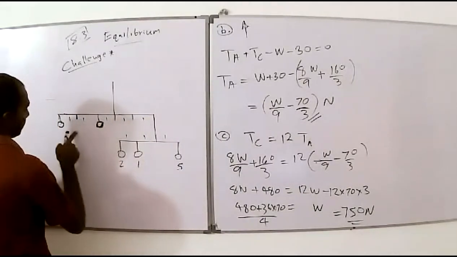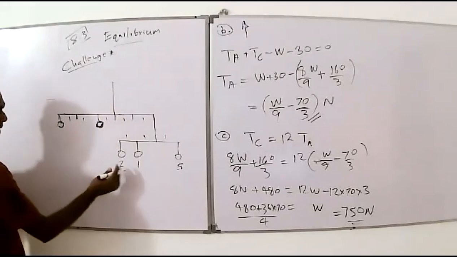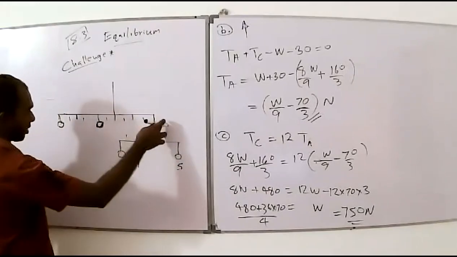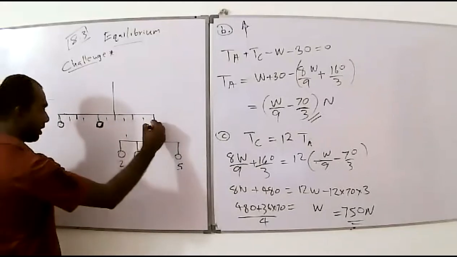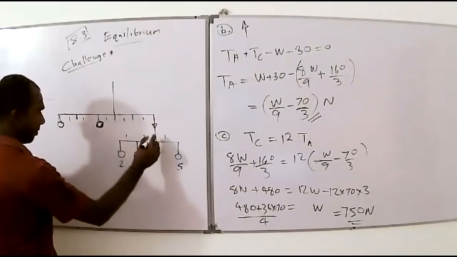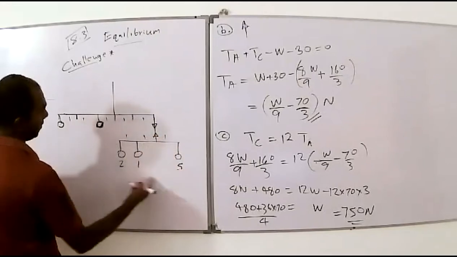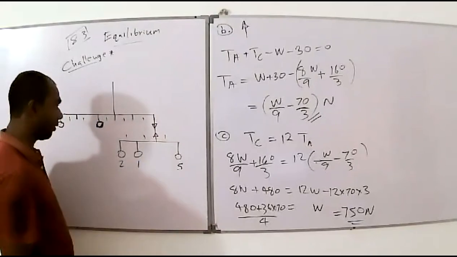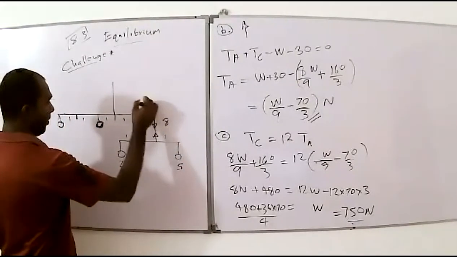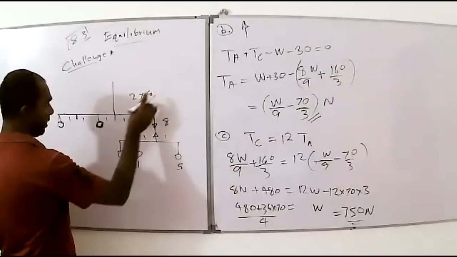For this one, now we got the total tension. What is the total? If we resolve the forces, this tension here is going to be the same as here. So it will be 2 plus 1, 3, and 5, 8. So we have a total of 2 into 8 on this side.